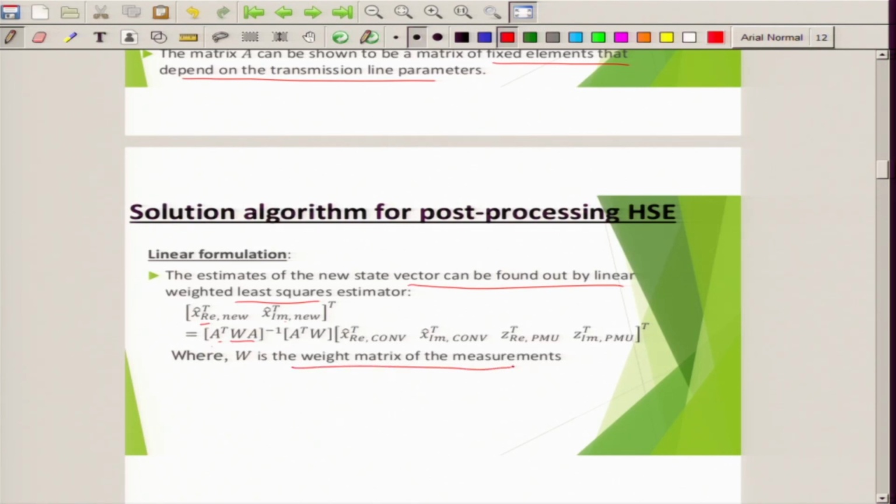So, if you remember the weighted least square approach, we have given weightage to each and every individual measuring device based on their history of accuracy. Now again we are carrying the same weightage.